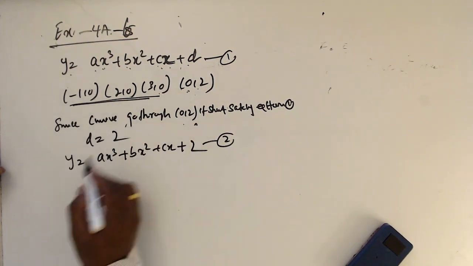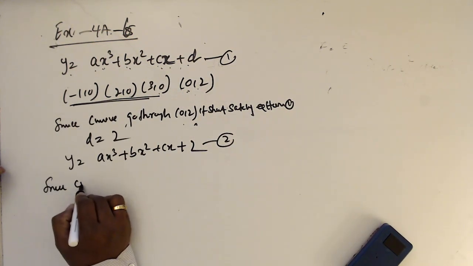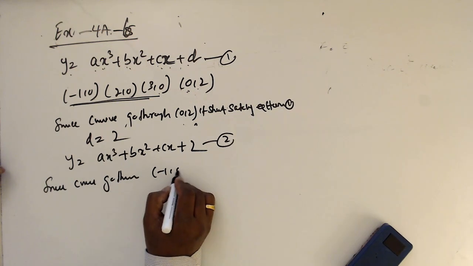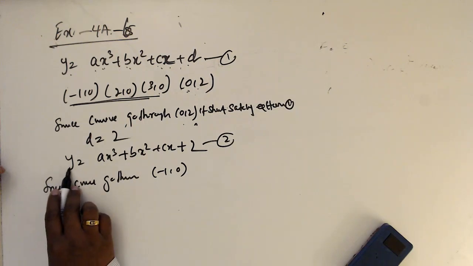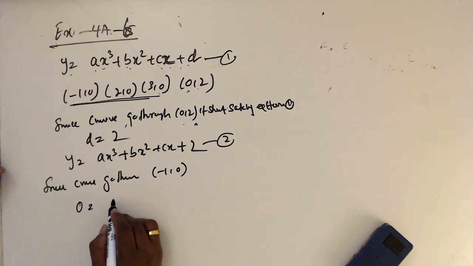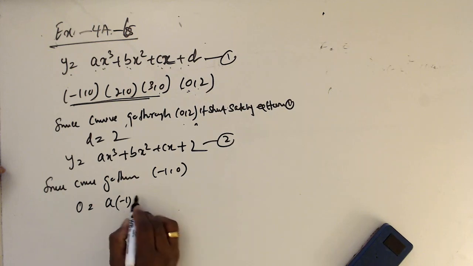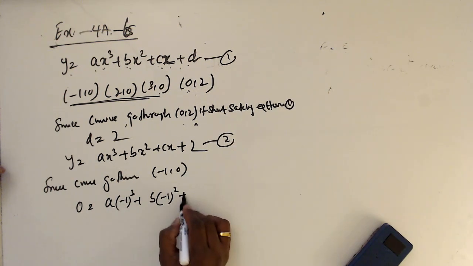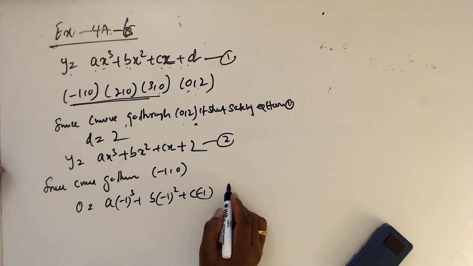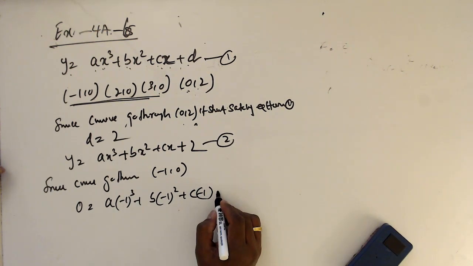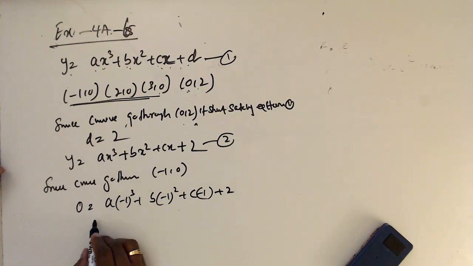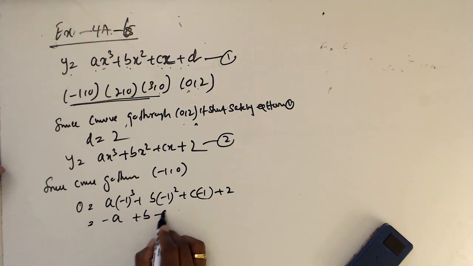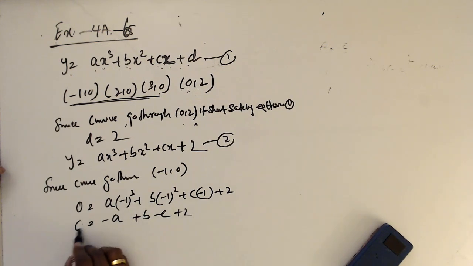Since the curve goes through minus 1, 0, then 0 equals a times minus 1 cube plus b times minus 1 square plus c times minus 1 plus 2. So this is going to be minus a plus b minus c plus 2 equals 0.